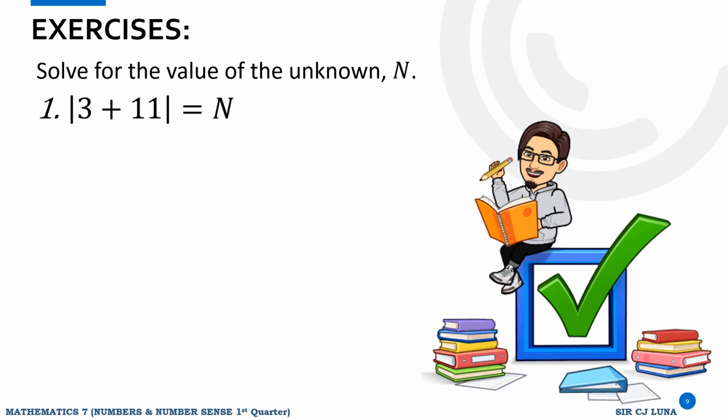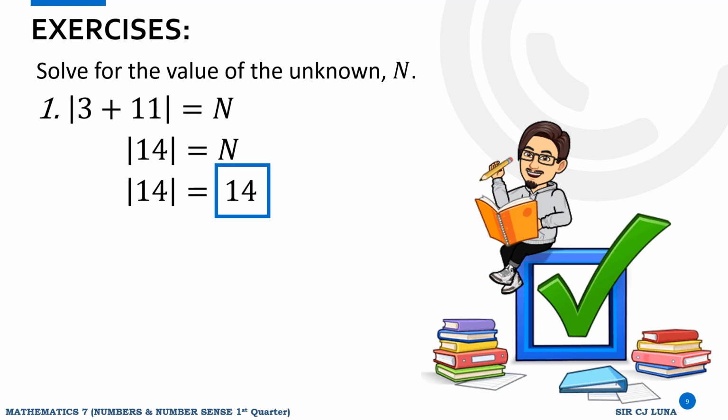Okay? So ano nga ba yung 3 plus 11? Good. 3 plus 11 is 14. So we have the absolute value of 14. Ano naman yung absolute value ng 14? Correct. The absolute value of 14 is 14. Ibig sabihin, N is equal to 14.